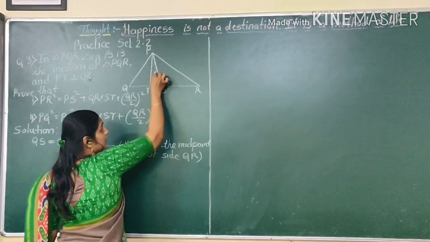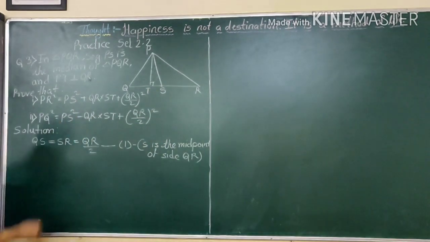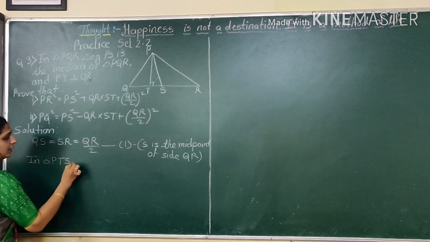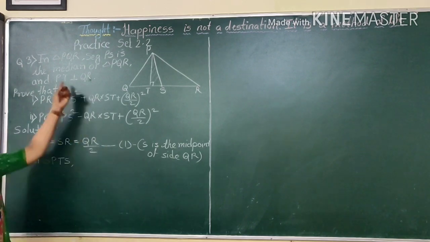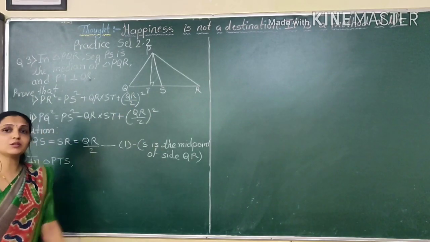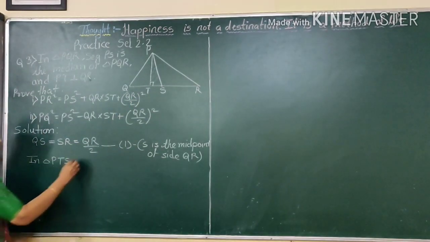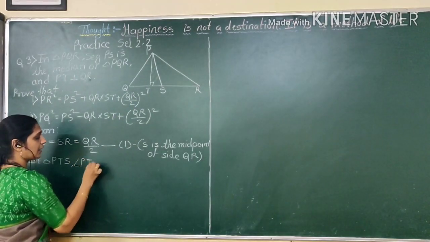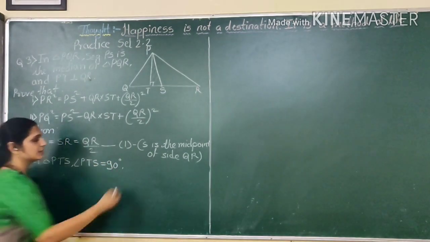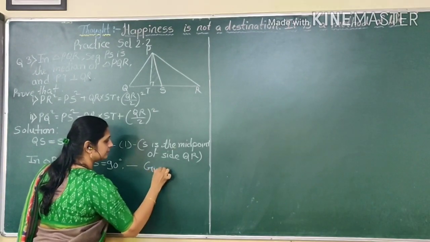This triangle PTS. So in triangle PTS, given part is PT is perpendicular to QR. Therefore, angle T is equal to 90 degree. So in triangle PTS, angle PTS is equal to 90 degree. This is given part.